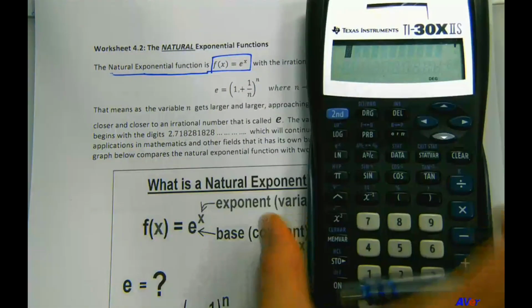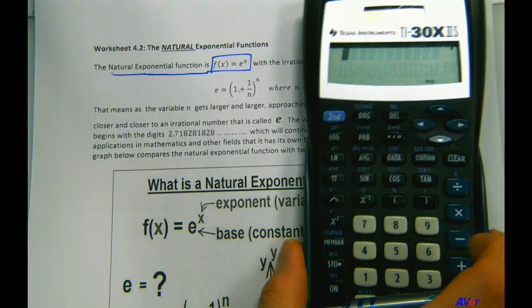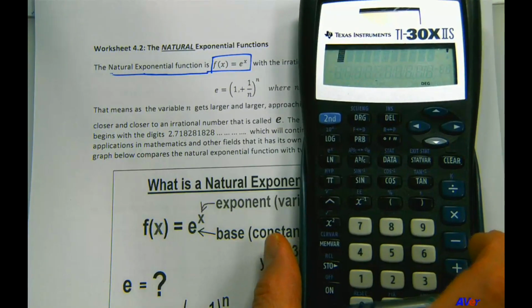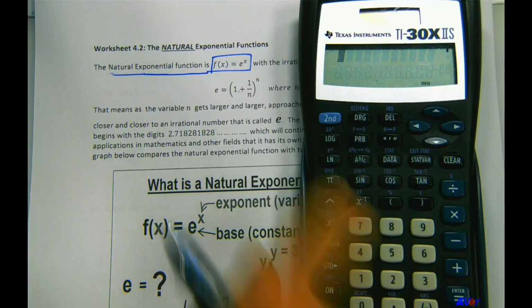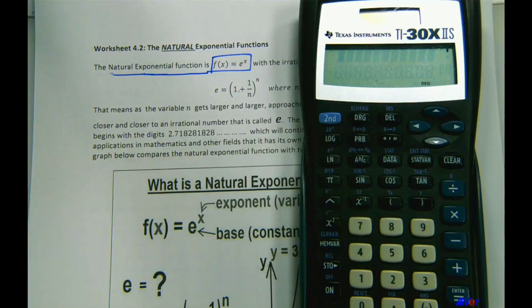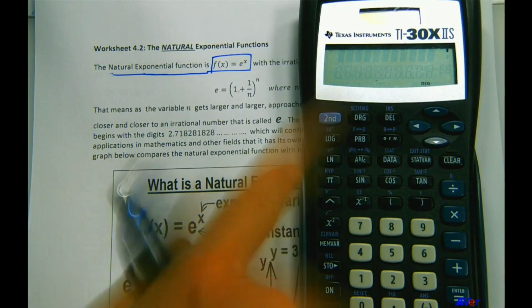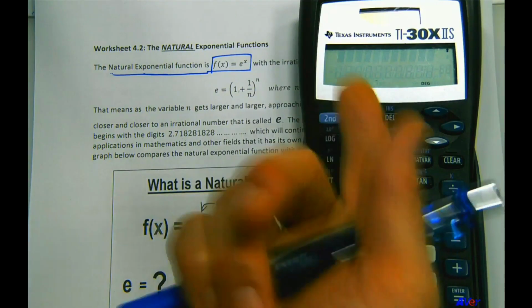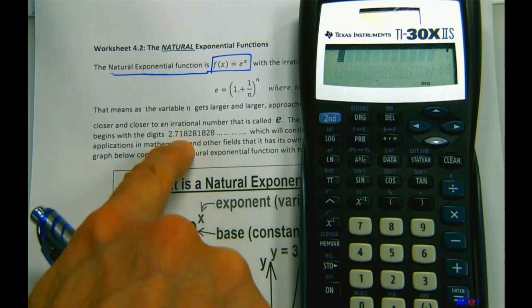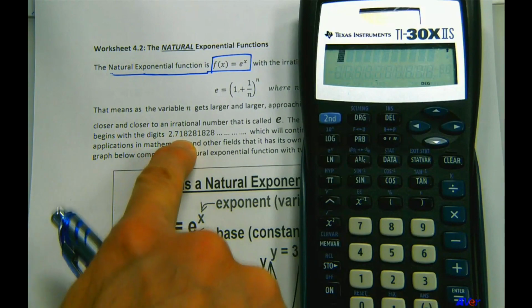Maybe if I move it here, I think that's a little bit better. So let me activate that button with x equals 1. In other words, we're going to calculate e to the power 1. I want to do that so you can see that number on the screen and compare it with the one that I have on paper here.